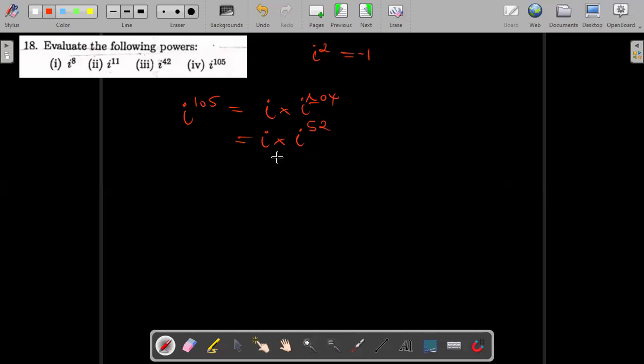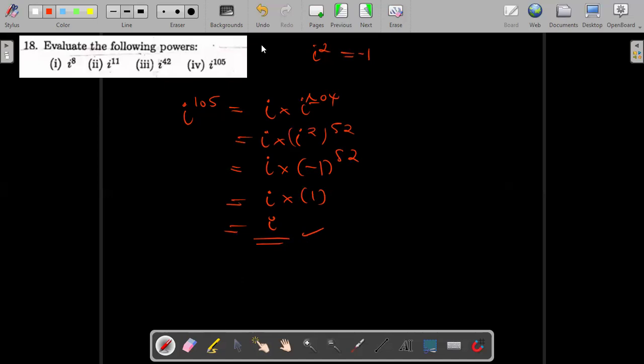So we can write this as i multiplied by i squared to the power 52, as we said. This is just i multiplied by -1 to the power 52. This is even, so this will give us positive 1, and 1 times i just gives us i. So this simplifies to i.